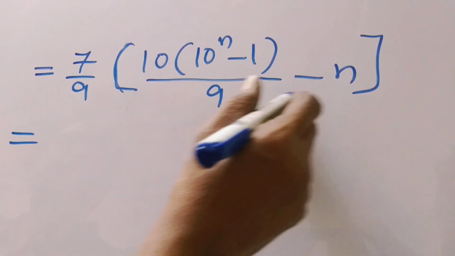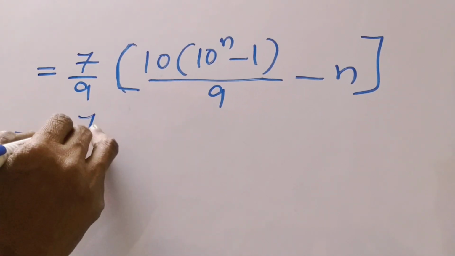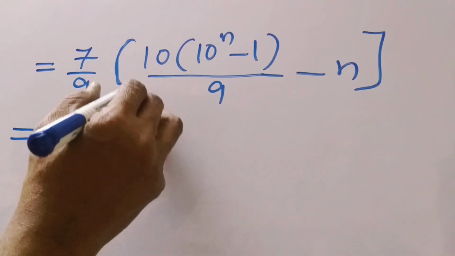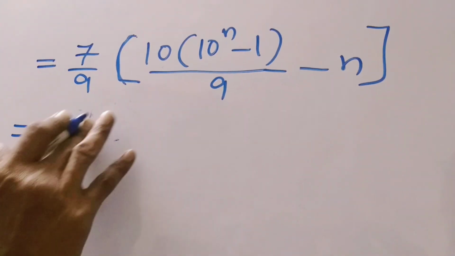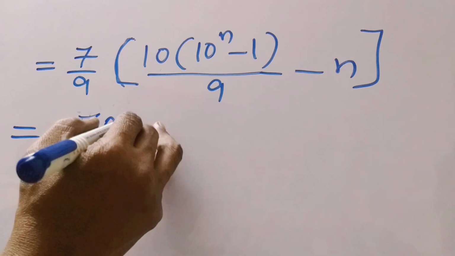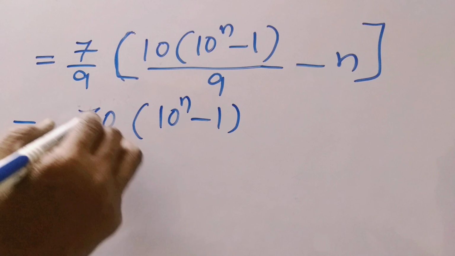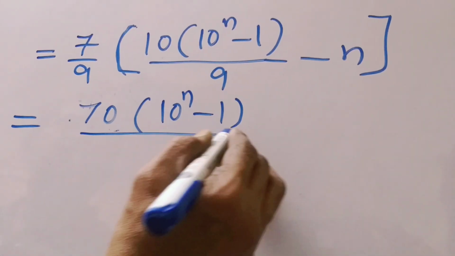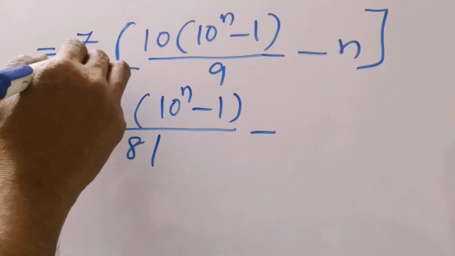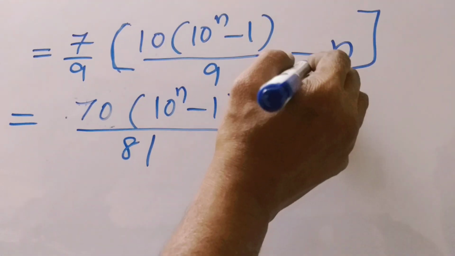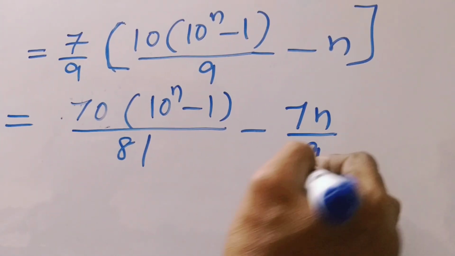After simplification, 7 of 10 means 70, of 10 to the power of n minus 1 by 81 (9 nines are 81), minus 7 by 9 into n, that means 7n by 9.